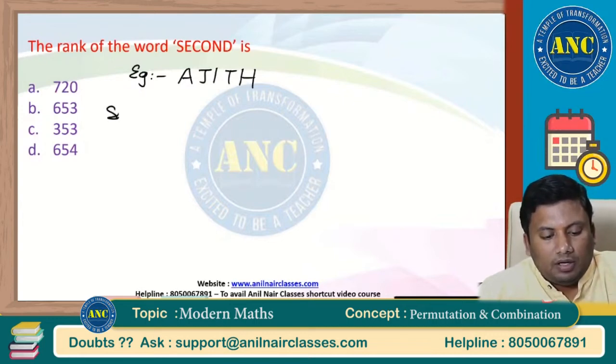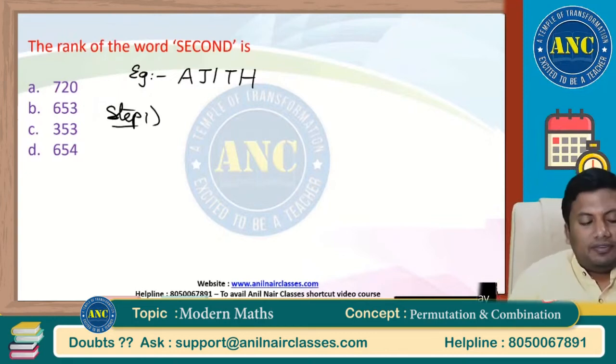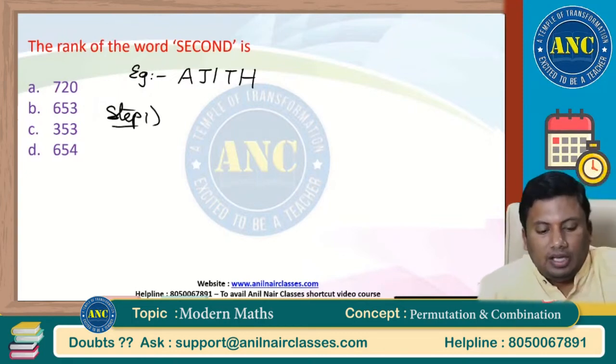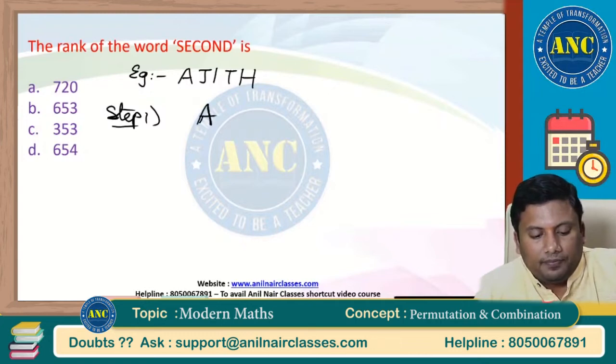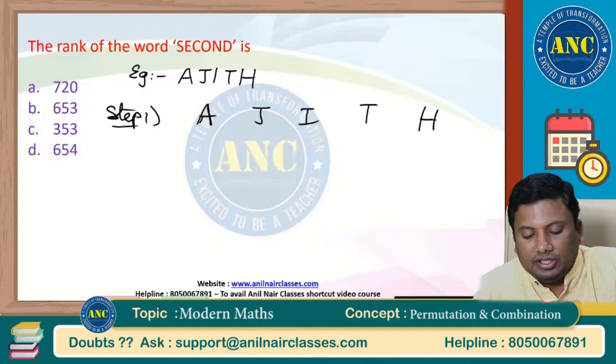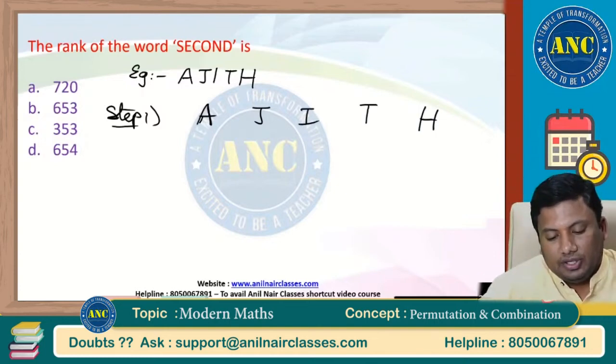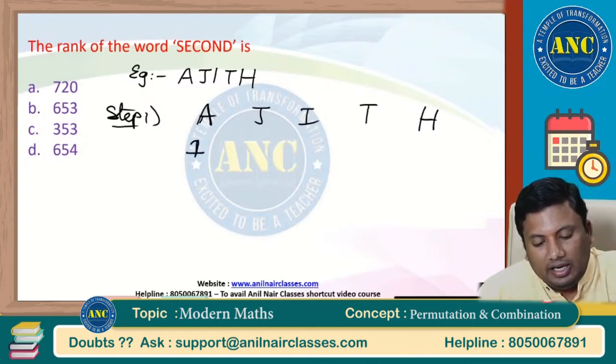Step number 1. First we will see step number 1, where the letters of the word are not repeating. This is A, here it is J, here it is I, here it is T. Let's go very, very slowly.